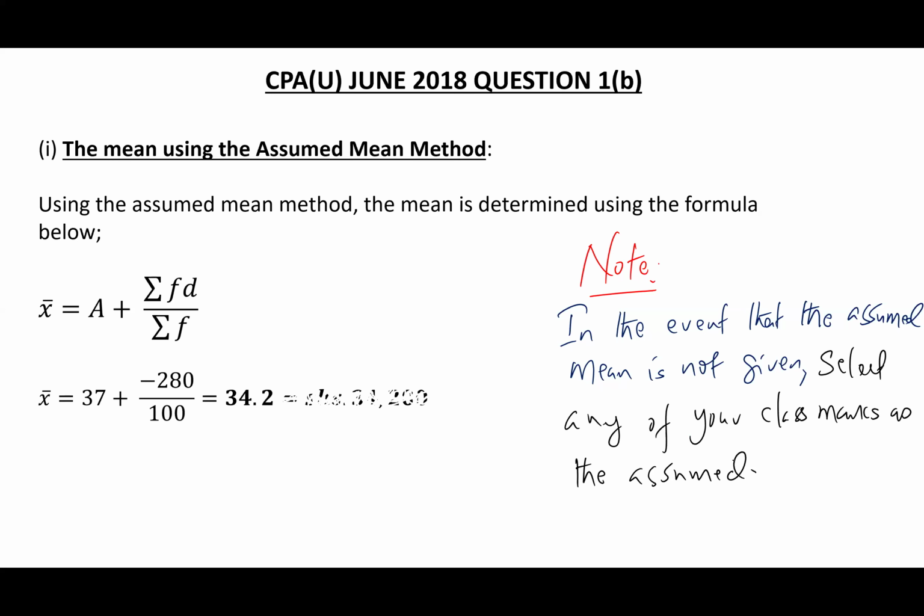Simply select any of your class marks, the X. Select from the X or from any of those values to act as your assumed mean.